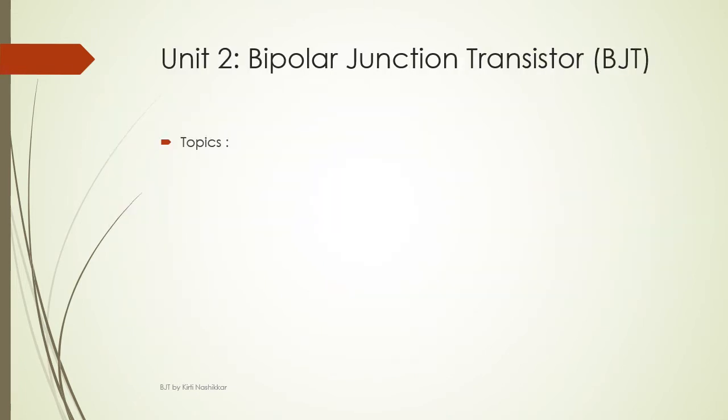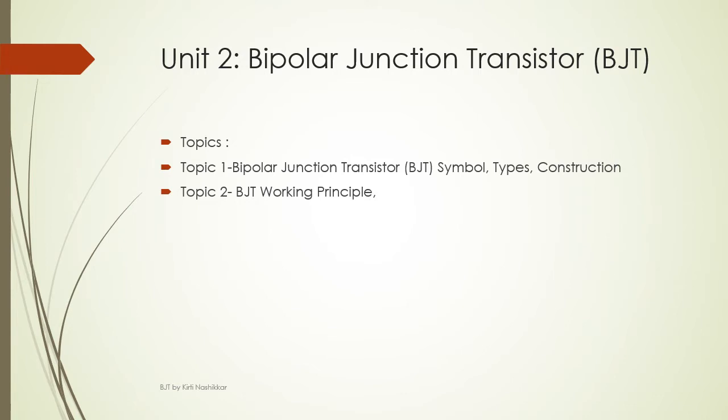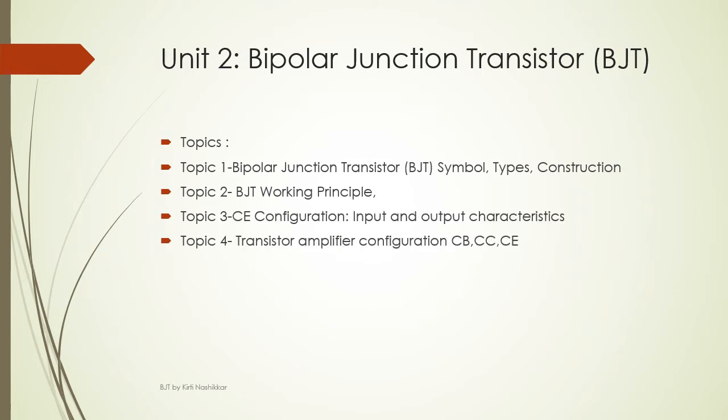So we are discussing bipolar junction transistor, seen its symbol, types and constructions, as well as the working principle, input-output characteristics, amplifier configuration, that is CB, CC and CE mode. In the last lecture we discussed the concept of biasing, and one of the methods, that is potential divider bias or voltage divider bias method, was discussed.